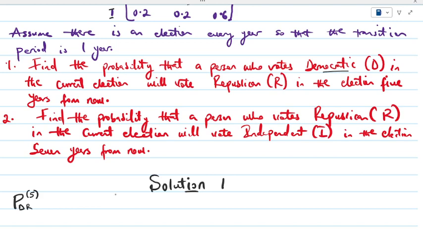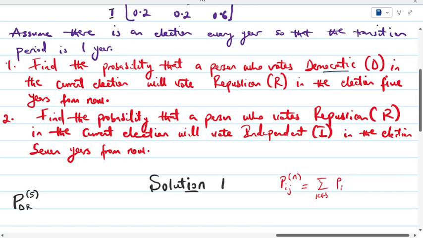The Chapman Kolmogorov equation gives us the probability of moving from i to j over n steps equals the summation over k belonging to the state space of the probability of moving from i to k over r steps, times the probability of moving from k to j over n minus r steps.